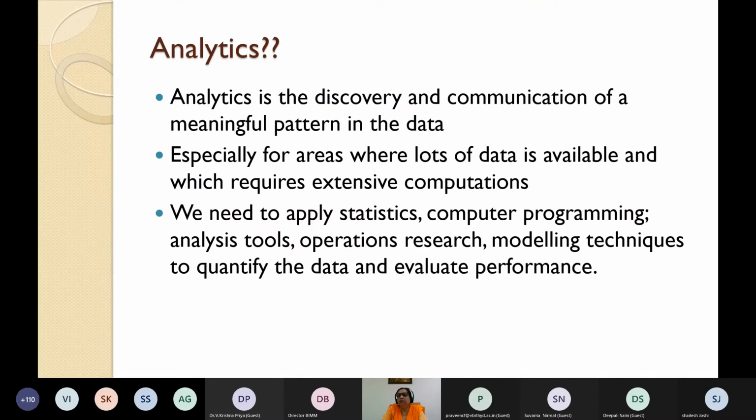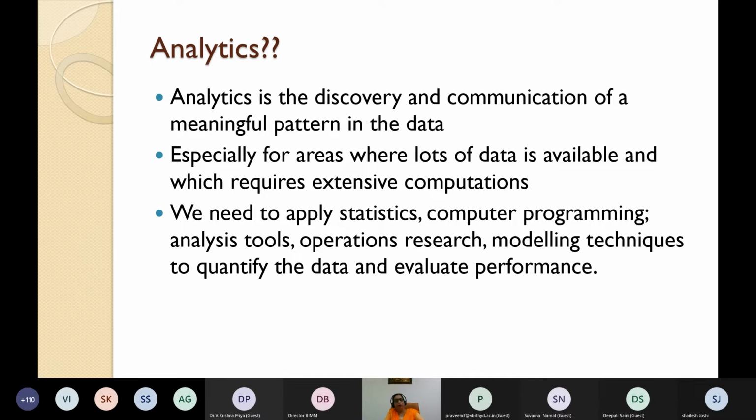So analytics in the simplest term is the discovery and communication of meaningful patterns in the data, and it is very much relevant in areas where lots of data is available and which require extensive computation.